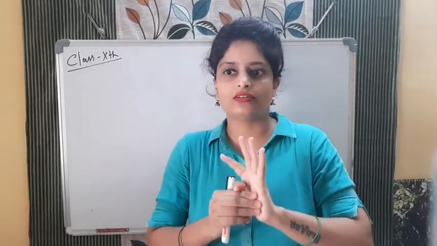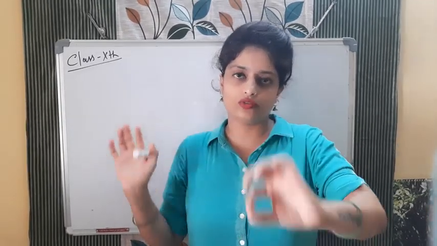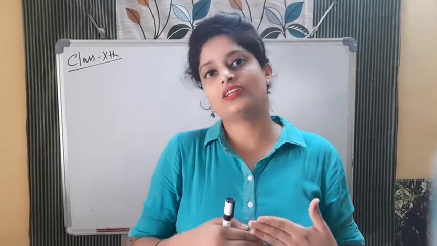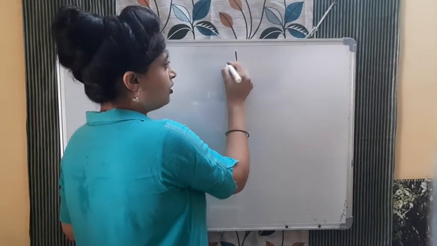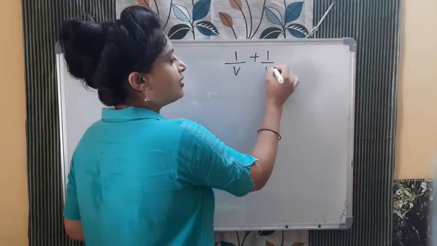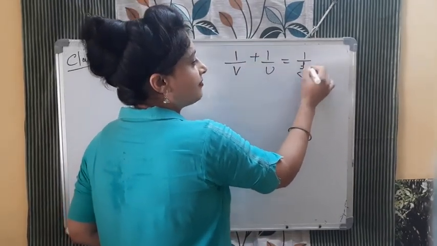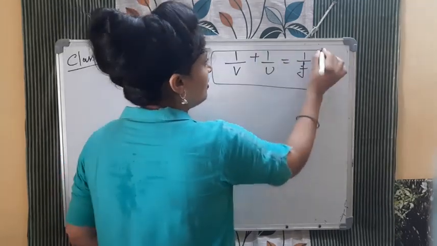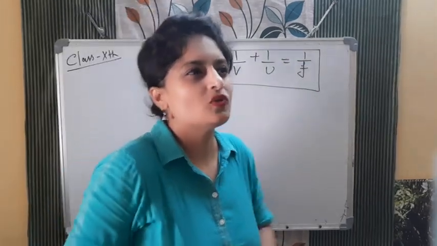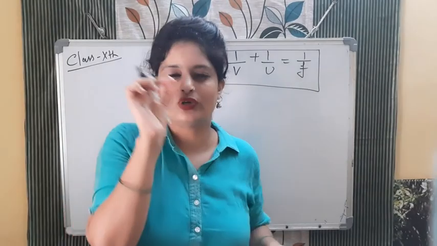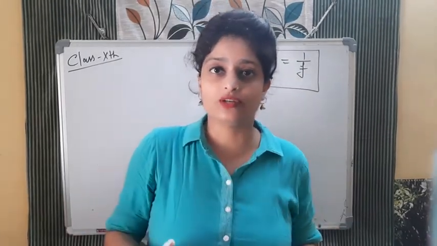So if someone wants to solve the numerical, you need to see that video first. You need to find out the sign convention and the magnification and the mirror formula, वो सब क्या होता है, ठीक है? So today's class we will start with the numerical. Okay, so what was the mirror formula? I hope you all know 1 by v plus 1 by u is equal to 1 by f. It was very simple. And listen, exam में क्या है, बच्चों को confusion होता है और generally बहुत ही छोटी सी silly सी mistake की वजह से तुम्हारा complete question गलत हो जाता है.